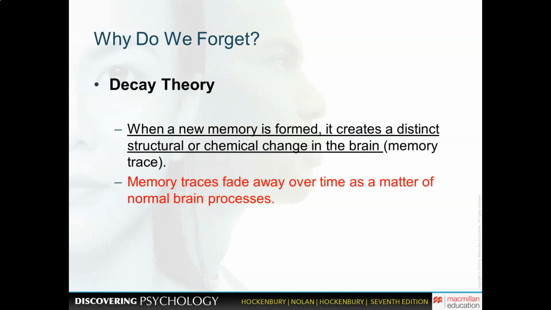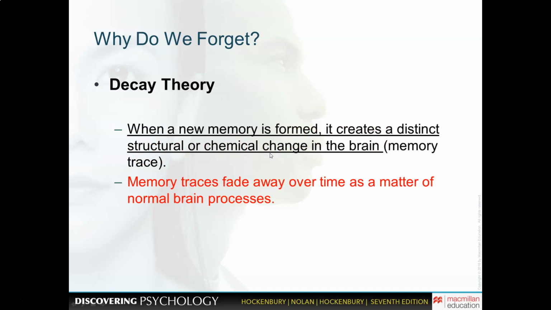Okay, another reason we forget is known as decay theory. When a new memory is formed, it creates a structural change or a chemical change in our brain. I underline that because it's very important: structural and chemical changes occur in the brain.